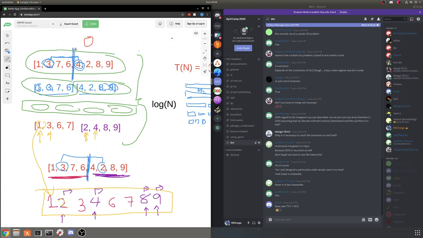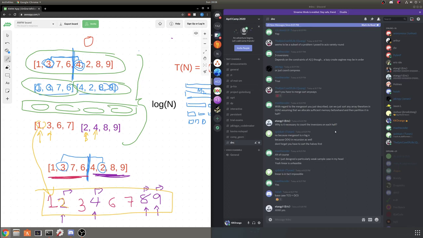So we would effectively be undercounting our answer because we're missing some of these inversions. That's why you have to recursively solve on each of those sides. Hopefully that makes sense. Feel free to tell me if it doesn't. Okay, cool. Glad I could clarify that.